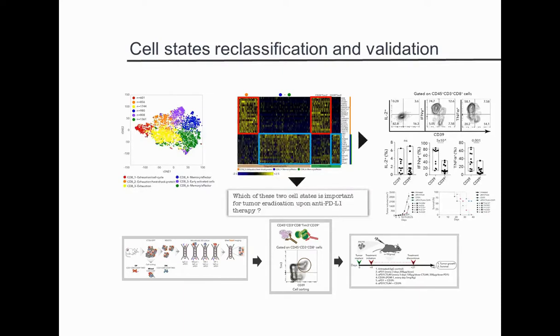The nice thing about the single-cell RNA-seq data is that it not only lets us recognize cells that are associated with response or lack of response, but also lets us know which markers are highly expressed in non-responding tumors, and then we can find new combinations for therapy. This is what we did with the in vivo experiments. Based on the human data, we identified a set of targets that are expressed on the cell surface, so it's easy to target them.